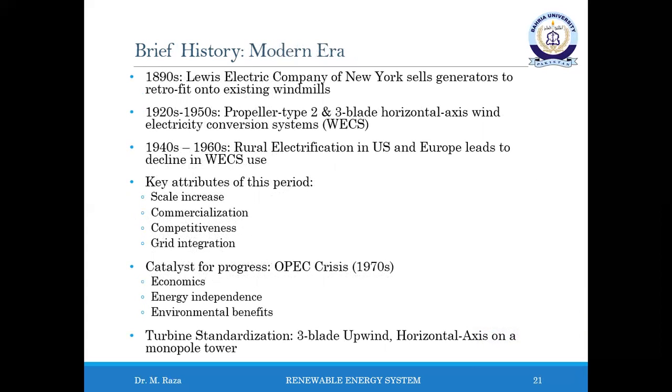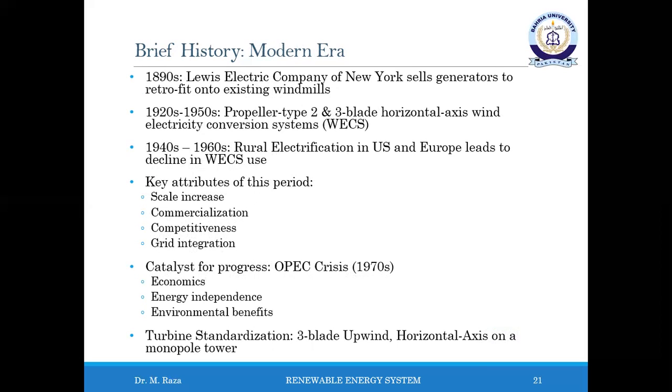In the 1890s, Lewis Electric Company of New York sold generators to retrofit onto existing windmills. Between the 1920s to 1950s, propeller type 2 and 3 blade horizontal axis wind electricity conversion systems were introduced. Between the 1940s to 1960s, rural electrification in the US and Europe using oil led to a decline in wind energy conversion system use.